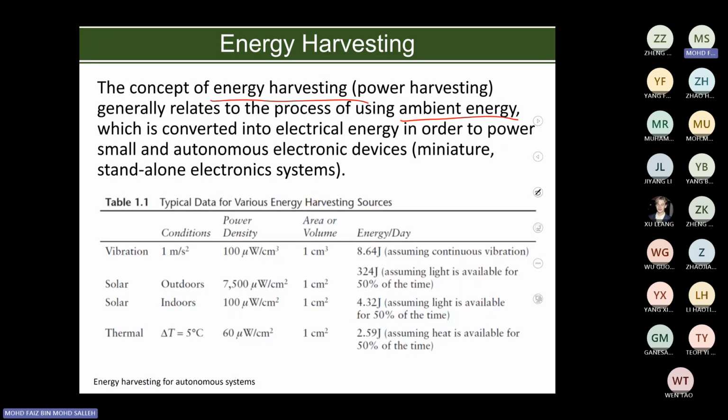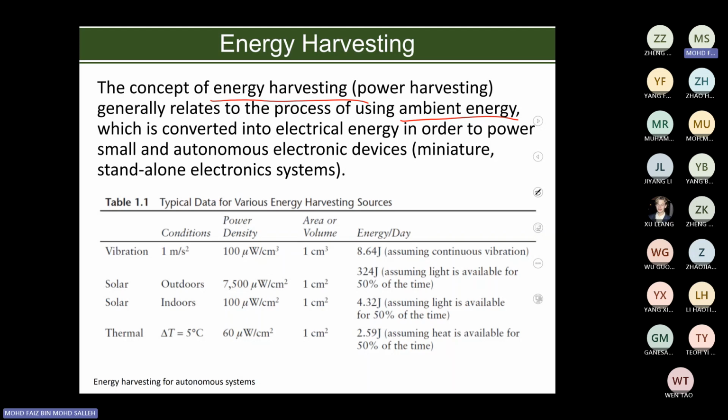And then, if you consider in terms of joule, it's around 8.64 joule. How much is this energy? You can look back at the table that I explained last week. 10 joule is like swinging a pen.